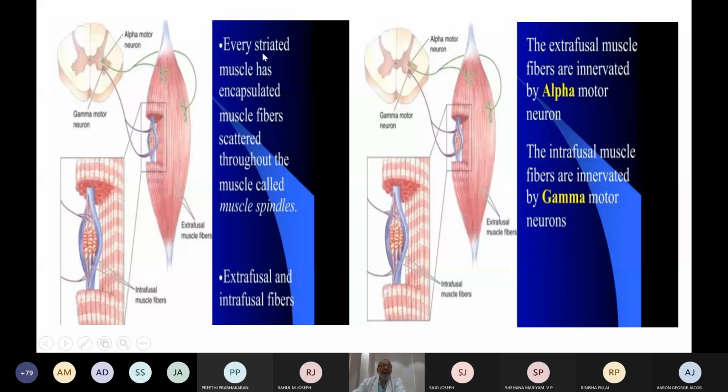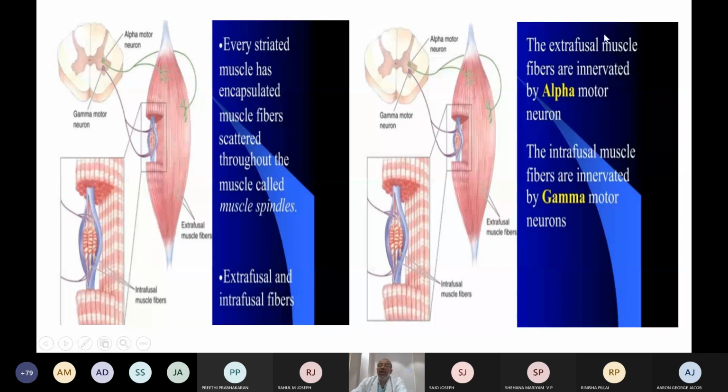So you can see it. Every striated muscle has encapsulated muscle fibers scattered throughout the muscle, called muscle spindles. So they are called extrafusal and intrafusal fibers.